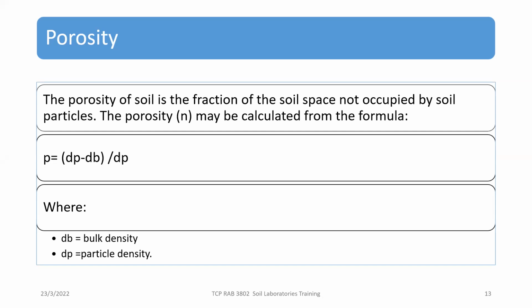So with high porosity, you have enough space for water and air. But if the porosity is very low, this means there will be very little space for water and air.